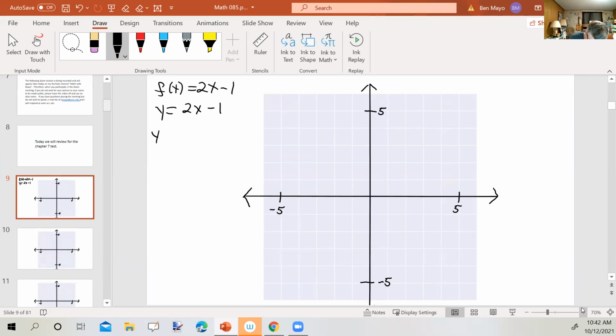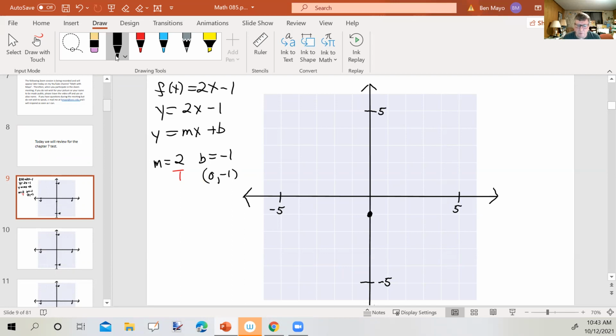So using slope-intercept form, y equals mx plus b, this function and equation is in slope-intercept form. Slope is 2, and the y-intercept is -1. Now, 2, there's an implied 2 over 1. So I've got the slope and the y-intercept. So I'm going to begin at the y-intercept, which would be the point 0, -1, which is right here.